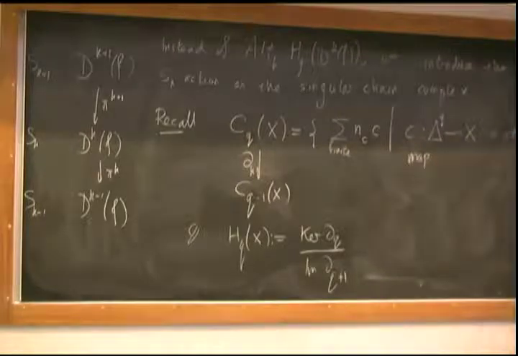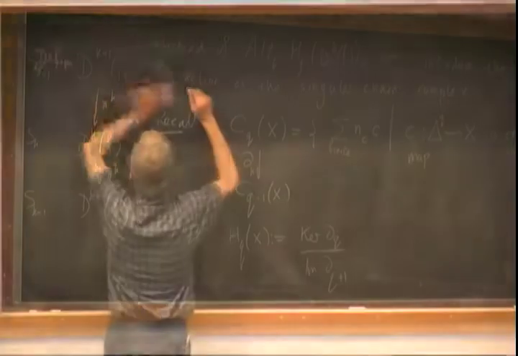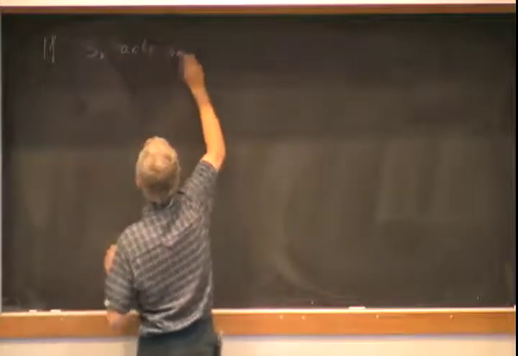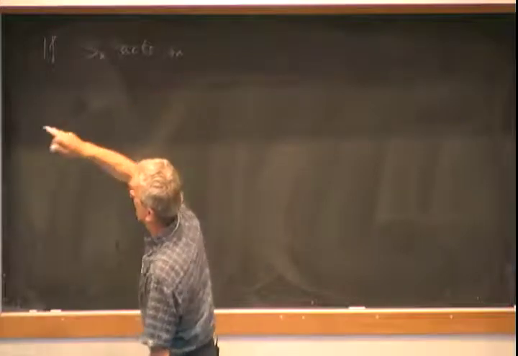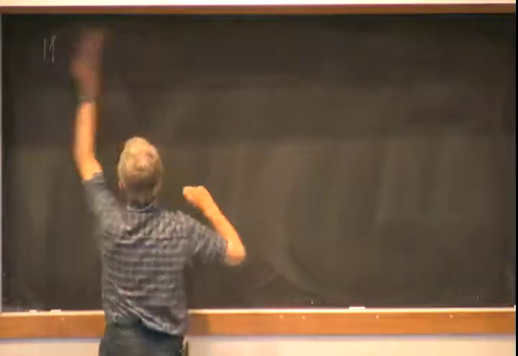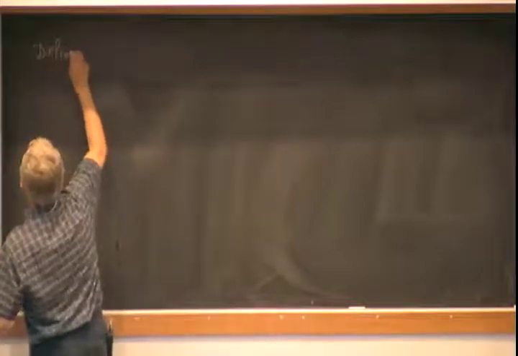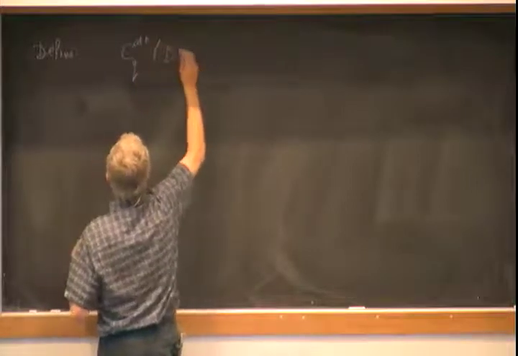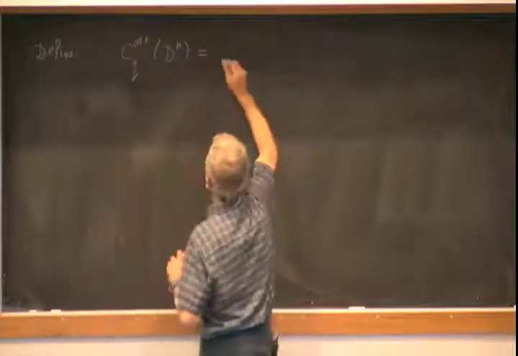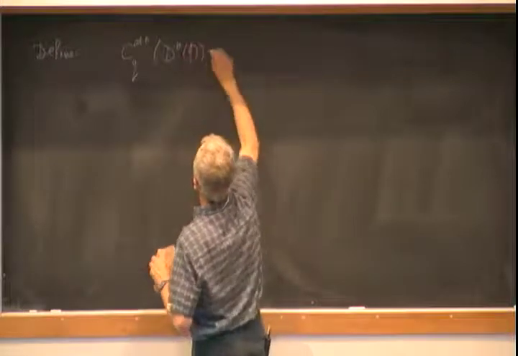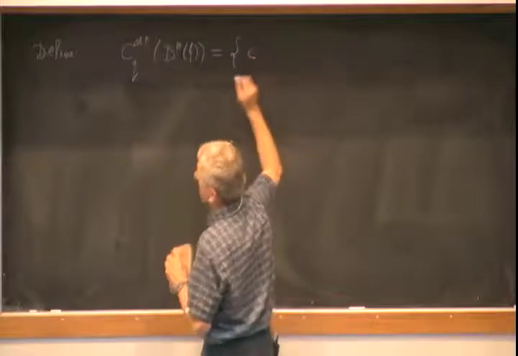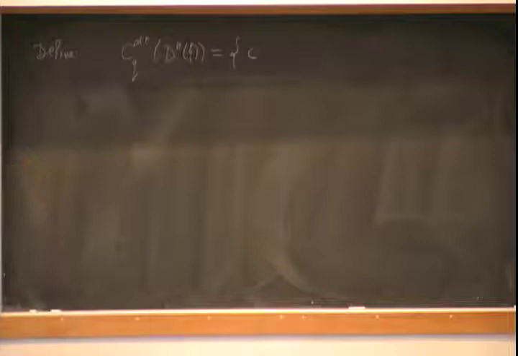So we're going to define the alternating part. Sk acts on dk, so I don't need to say this. We define Cq alt of dkf to be the chains C, sorry, let's write it C n sub alpha C alpha.